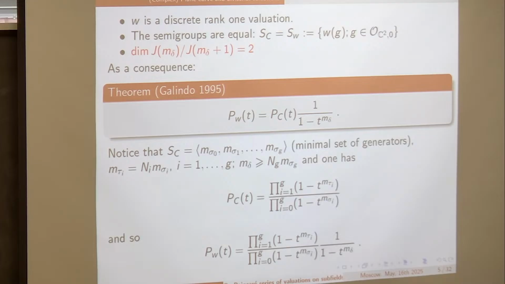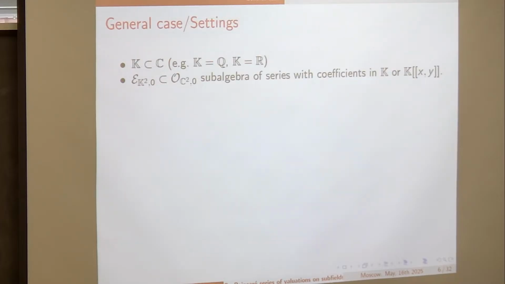Okay. So now I will move to the main framework of this talk, in which we consider only one valuation, but we will consider some subfield of the complex numbers. You can think, for example, of the rational field or the real field. But any field is okay.